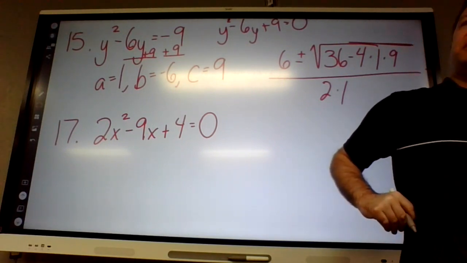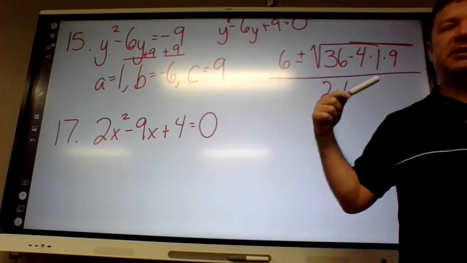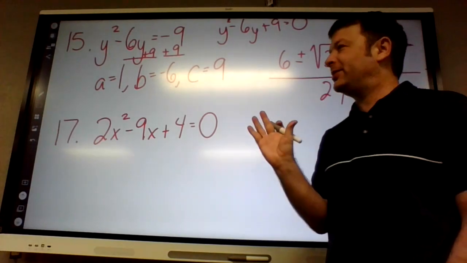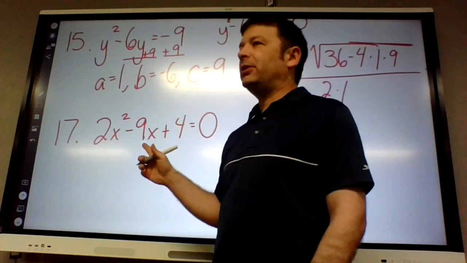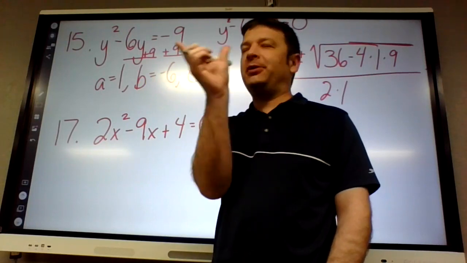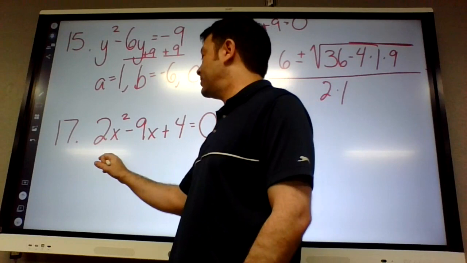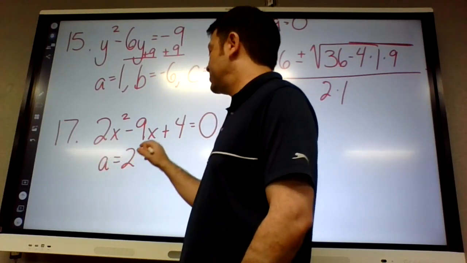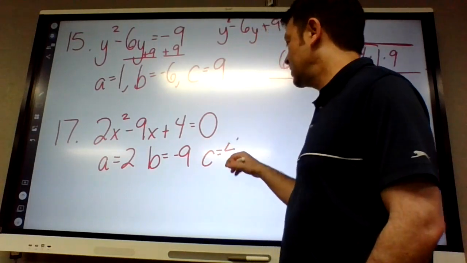Actually, ironically, when you do a messy answer, it takes you a shorter amount of time to get there. Well, 19 and 20 are really the messier ones. But okay, so what's my A value? B value? C value? 4.